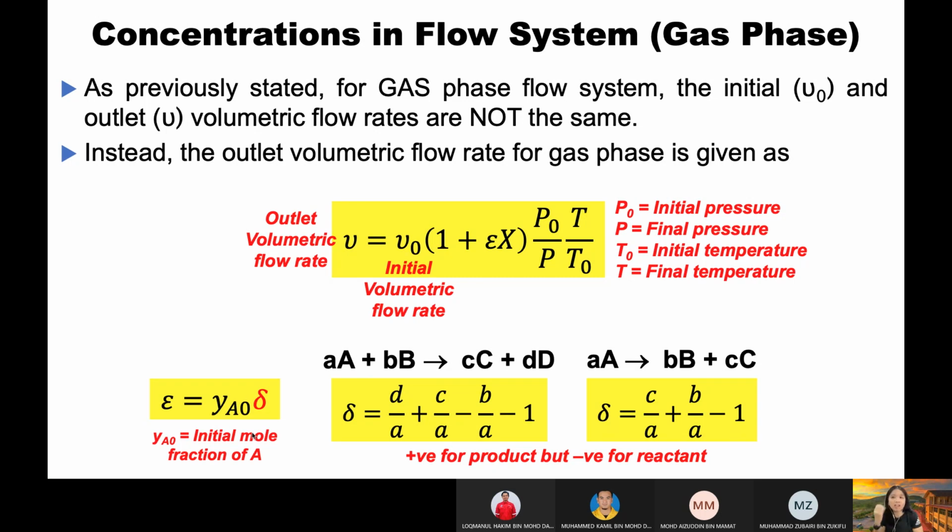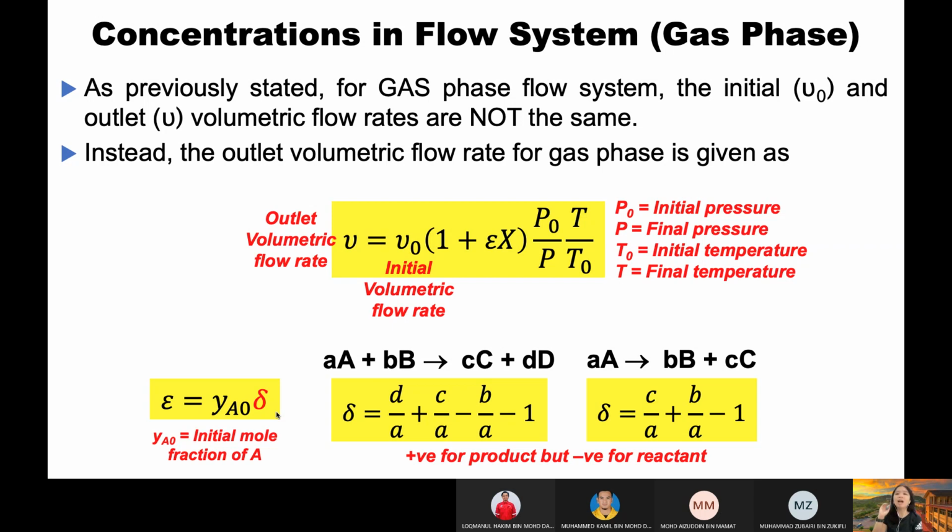However, let's say your reaction got two reactants, katakan reactant A, reactant B. So definitely lah y_A0 takkan satu sebab ada juga mole fraction from B. So katakan the reaction is 40 mole percent A, 60 mole percent B. So y_A0 tu jadi 0.4. Okay, so y_A0 multiply with sigma. So sigma ni pula tambah satu lagi simbol.